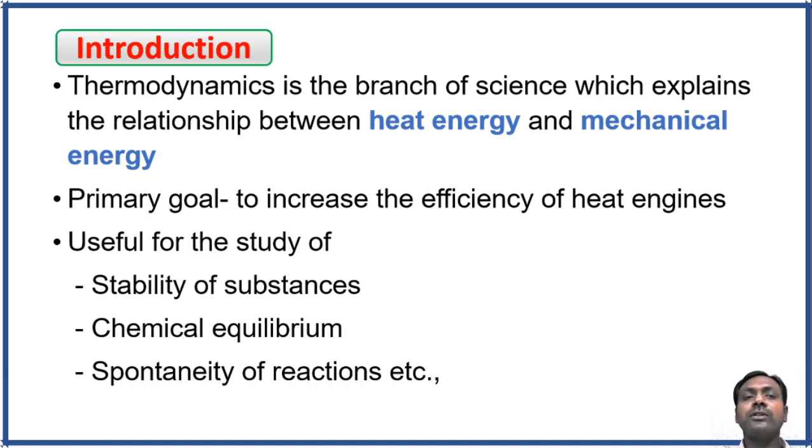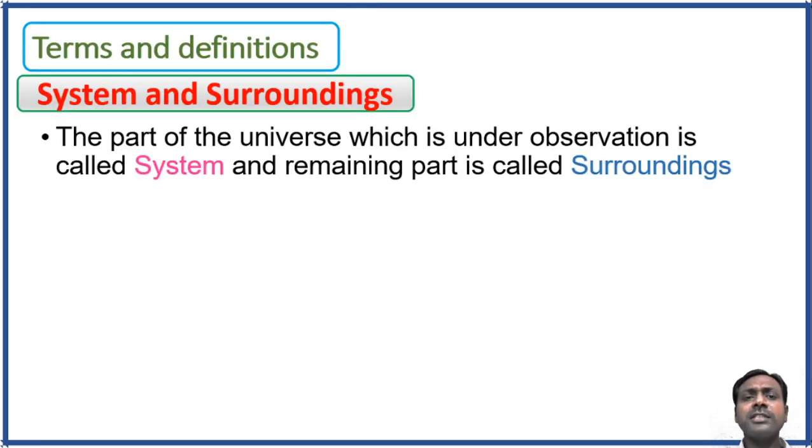Now we will move on to some of the other basic concepts like system and surroundings. First one is the system and surroundings. So system is nothing but the part of the universe which is under observation. That means the part we are observing is called a system.